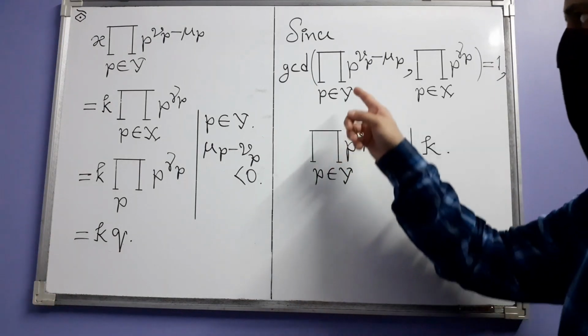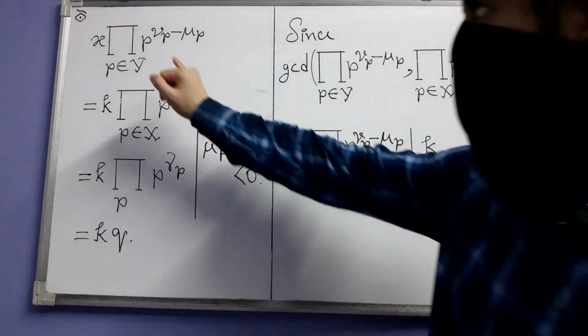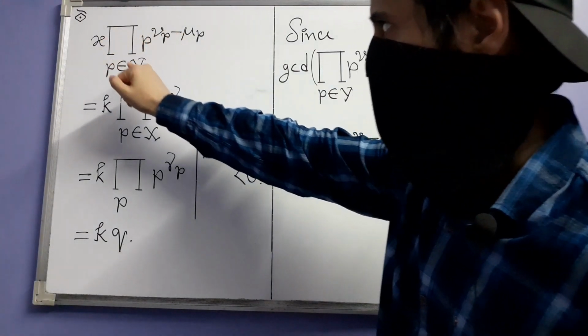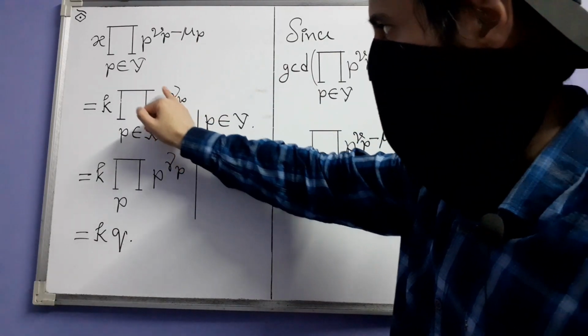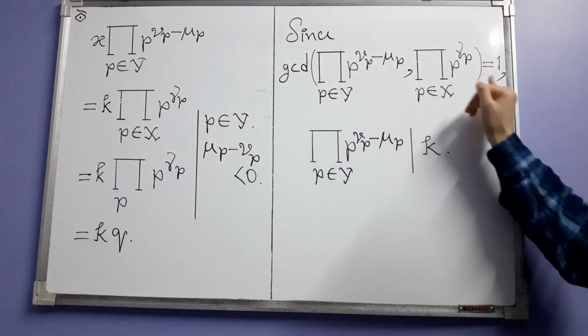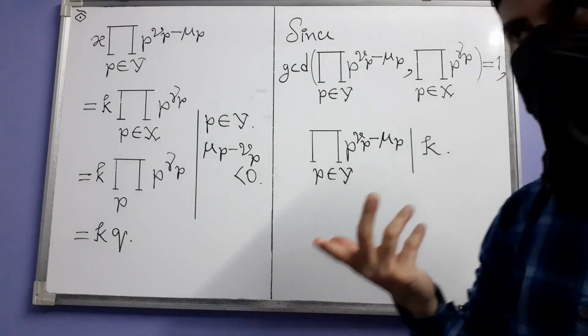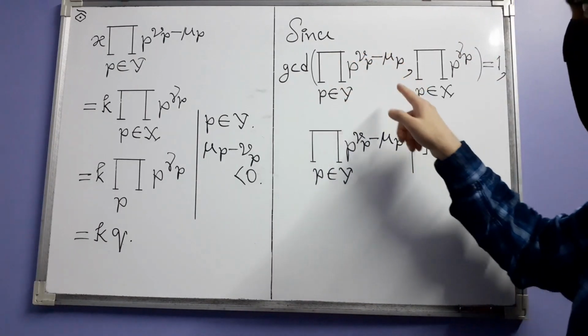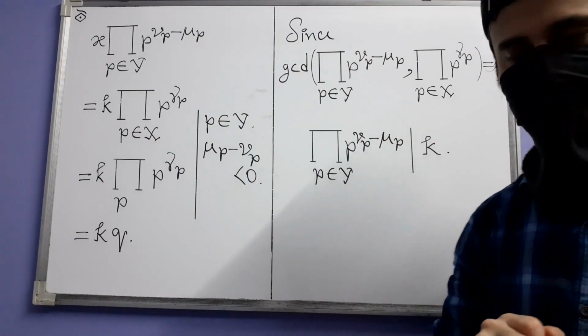Next we concentrate on this fact. The fact that this integer, this product, is relatively prime to this product. Their greatest common divisor is 1. But why? Well, that is because they consist of distinct sets of primes.